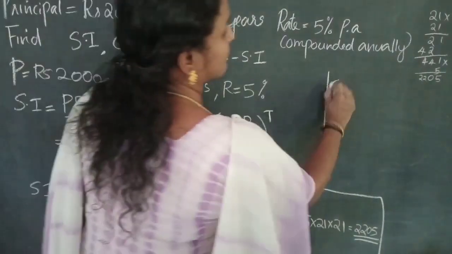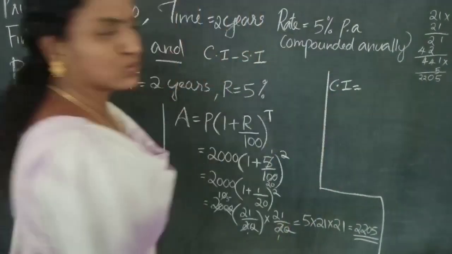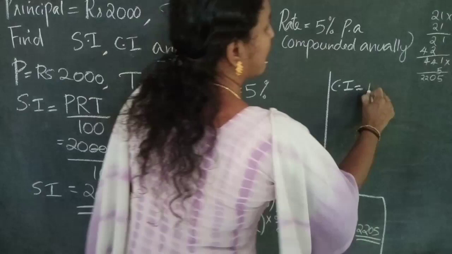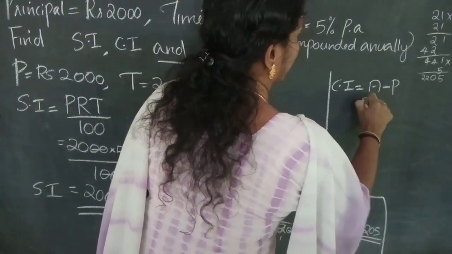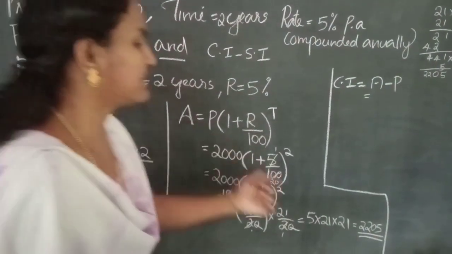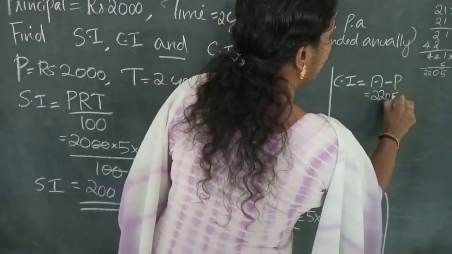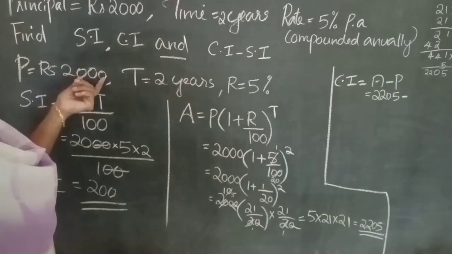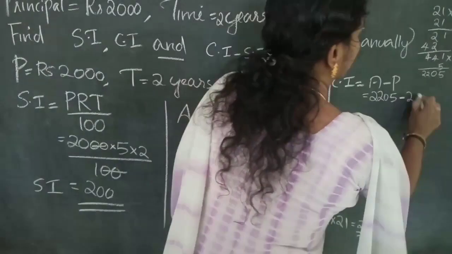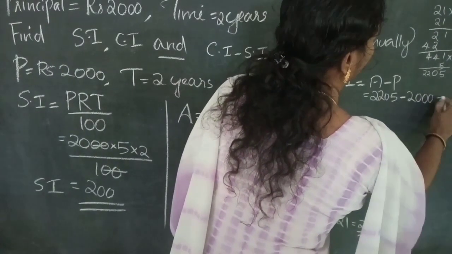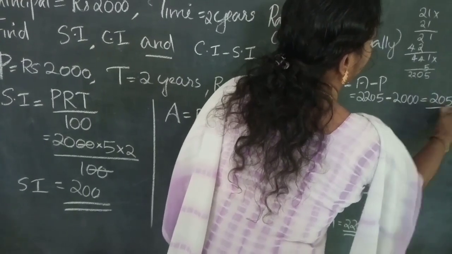Then we have to find compound interest. CI is equal to amount minus P. Here amount A is equal to 2205 minus principal P is equal to 2000. So 2205 minus 2000 is equal to 205.